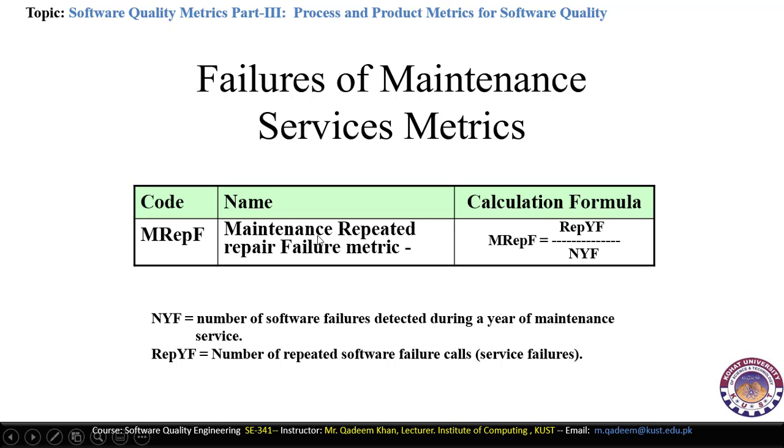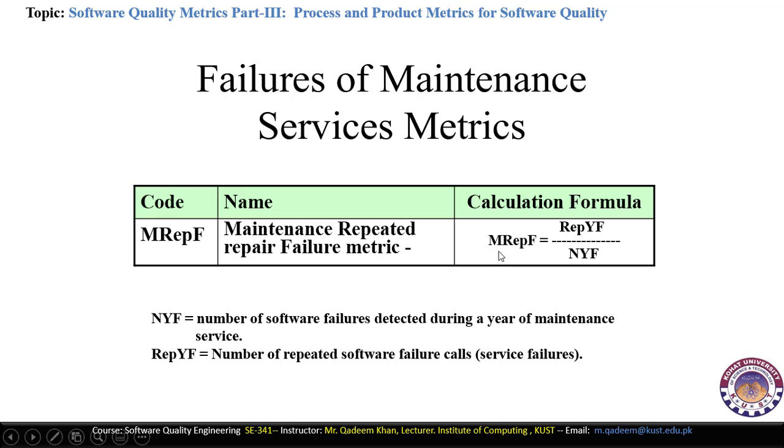When we repeat the maintenance and repair the system, what sort of errors are occurring and what is the ratio of these errors. All these problems are identified by the maintained repeated repair failure matrix.